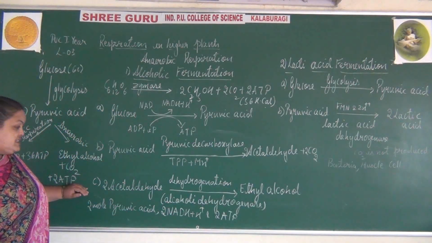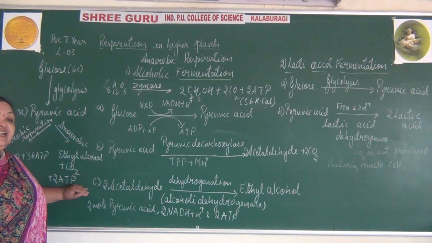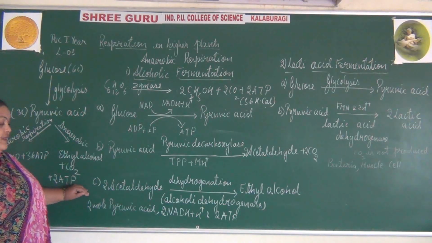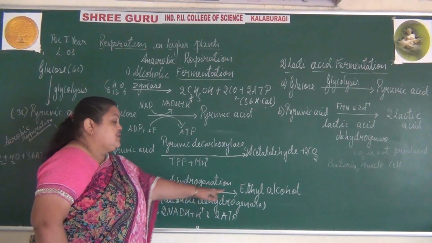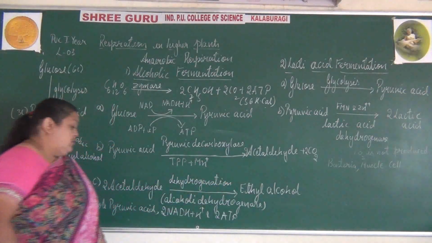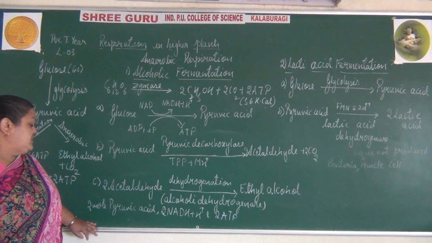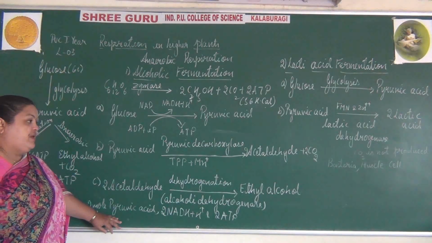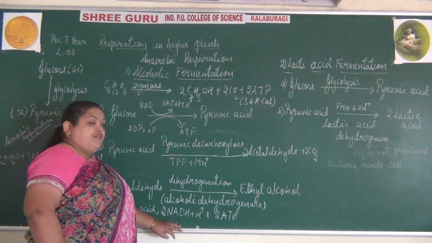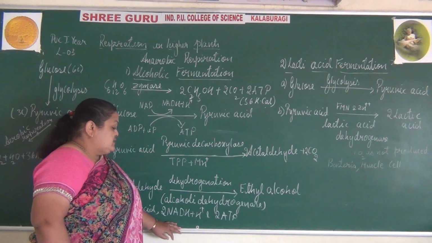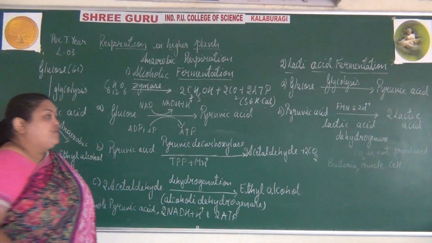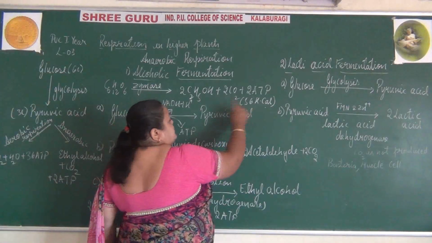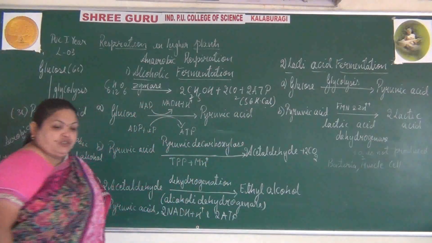Then the acetaldehyde undergoes dehydrogenation in the presence of the enzyme alcoholic dehydrogenase to form ethyl alcohol. Overall, we get 2 molecules of pyruvic acid, 2 molecules of NADH and 2 ATP molecules with the formation of 56 kilocalories of energy.